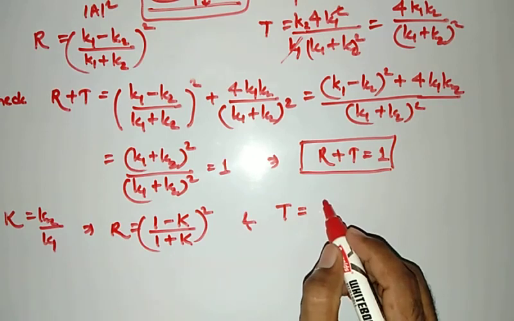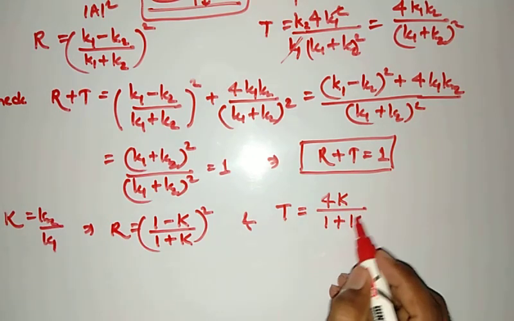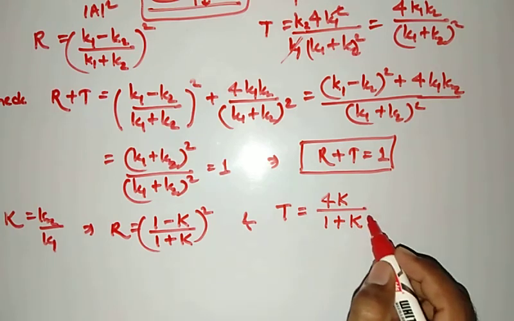So we can write 4K upon (1 plus K) square.